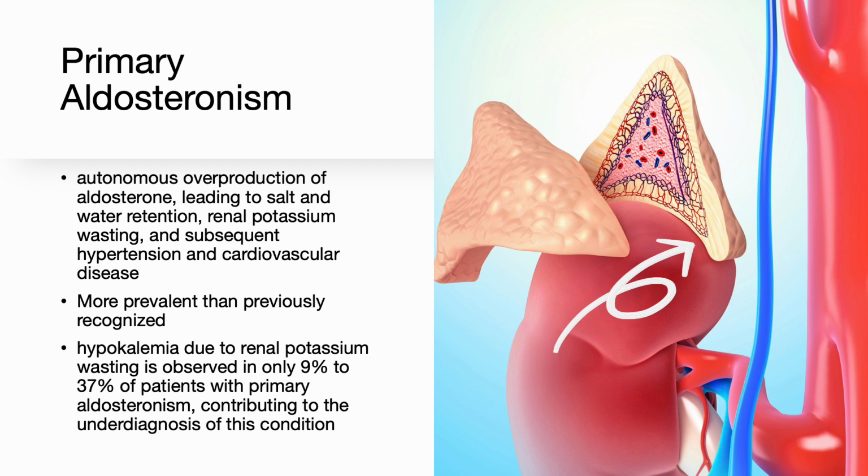This condition is more prevalent than previously recognized, with an estimated prevalence of 8% to 30% in various hypertensive populations, and often goes undiagnosed. Notably, hypokalemia due to renal potassium wasting is observed in only 9% to 37% of patients with primary hyperaldosteronism, contributing to the underdiagnosis of this condition.